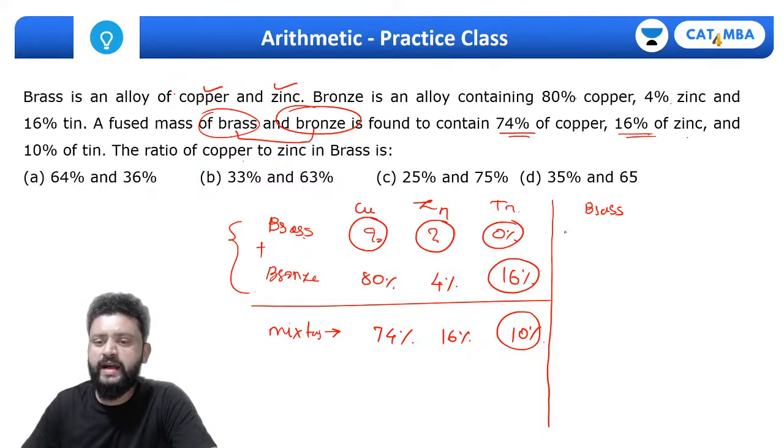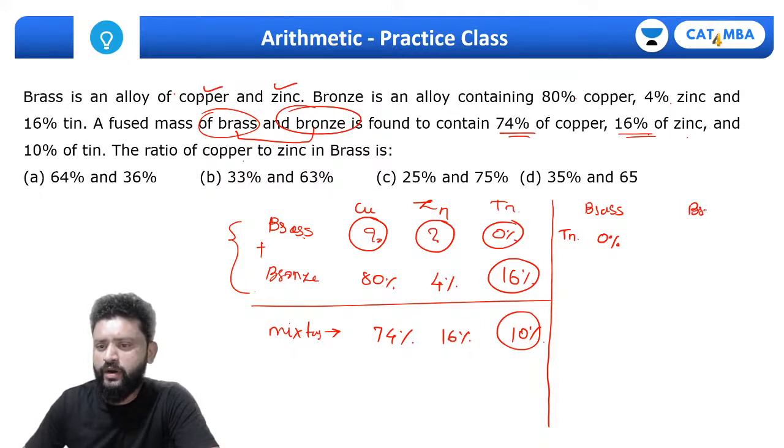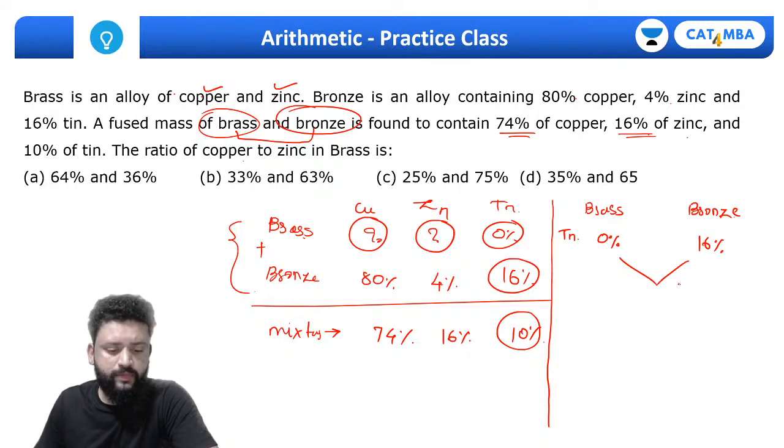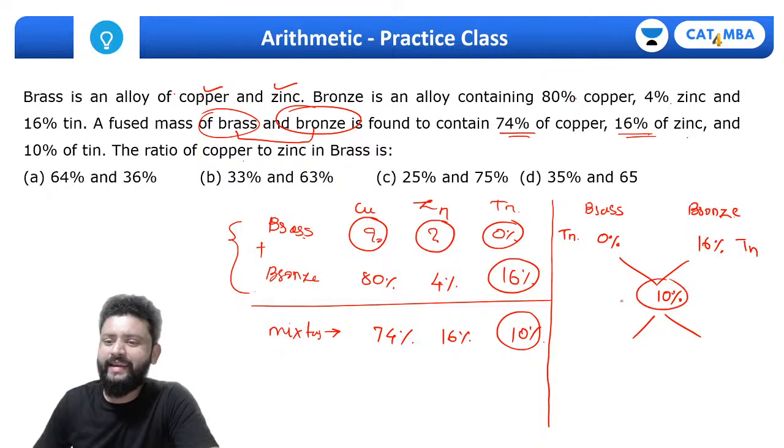So in brass the percentage of tin was 0%, in bronze the percentage of tin is 16%, and in the fused mass of brass plus bronze the percentage of tin is 10%. So I can get the ratio in which brass and bronze are mixed.